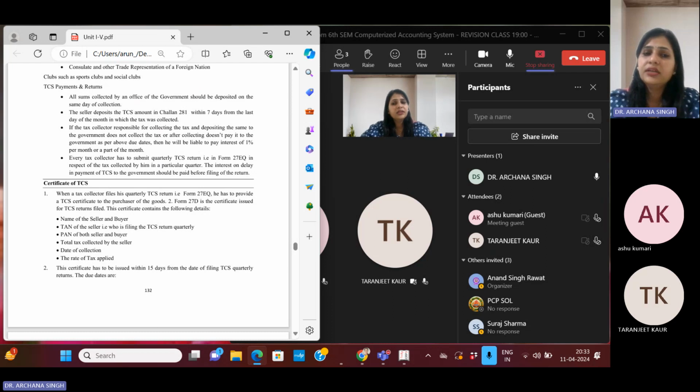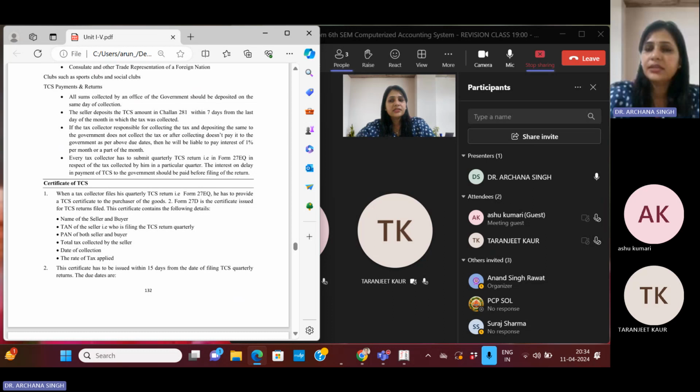Then Form 27D is a certificate issued for TCS return filed. तो आप रिटर्न फाइल करोगे तो Form number 27D will be issued, जिसमें आपकी ये डिटेल्स कंटेन होंगी, name of the seller and buyer, its TAN number, PAN number of both buyer and seller, then total tax collected by the seller, then date of collection, rate of tax applied, and this is issued within the 15 days of date of filing this quarterly return.